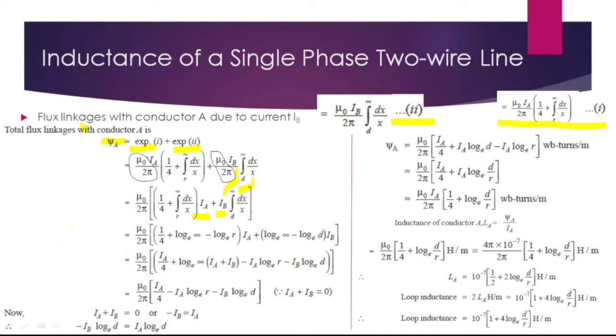Then further simplification: nu naught by 2 pi, the term is the same, and 1 by 4 plus the integral of r to infinity 1 by x dx.